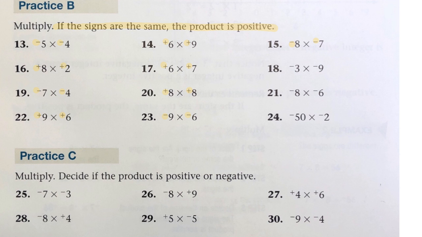Therefore, when we do the math, they're all going to be positive. Negative 5 times negative 4 is just 20. 6 times 9 is 54. Negative 8 times negative 7 is 56, right? And then 8 times 2 is 16. 6 times 7 is 42.